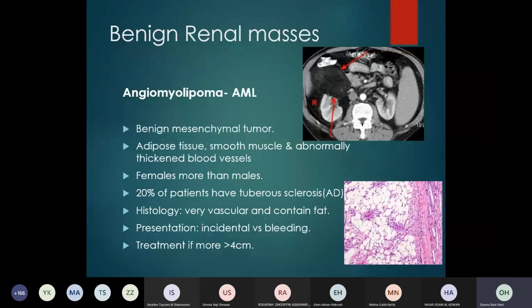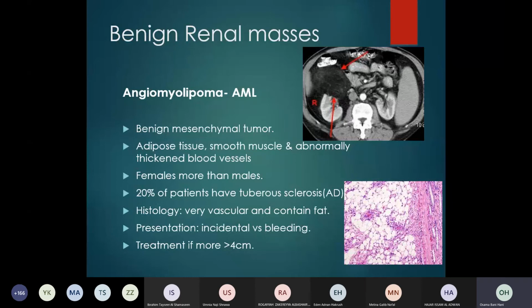The other type of renal mass is angiomyolipoma. From its name, angio means vessels, myo from muscles, and lipoma from fat. It is a benign mesenchymal tumor. It has all the tissues: fat, smooth muscles, and abnormal thick blood vessels.